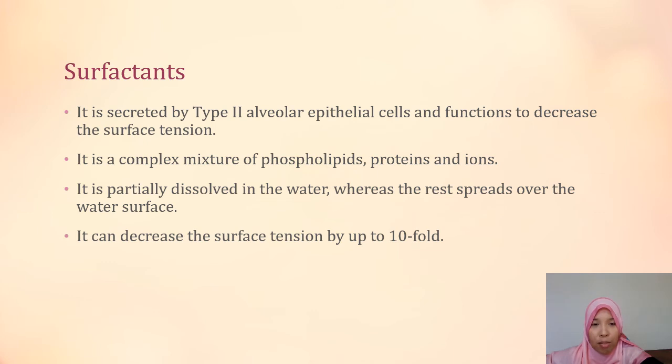Type 2 alveolar cells are the ones that secrete surfactant. Surfactant is a complex mixture of phospholipids, proteins, and ions, and it has a part which likes water and another part which does not like water. We're going to look at that later in another slide.